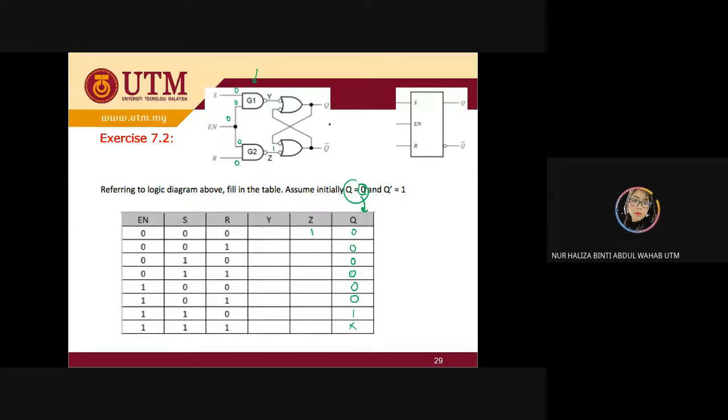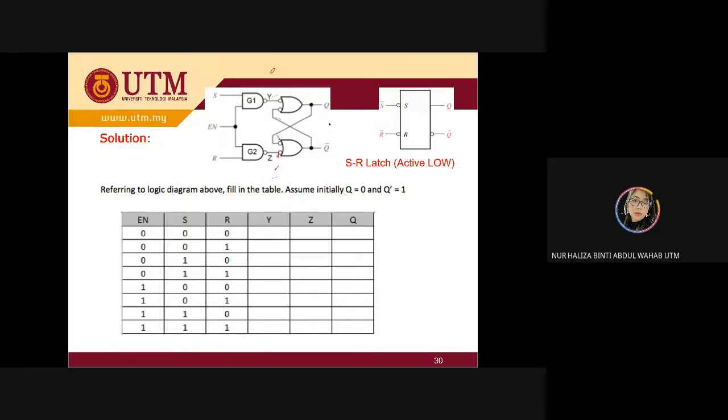For your Y, also 1. So you do the similar thing. What is happening? You have 0 for S, R for 1, going to get 0. 0 and 1, you get, okay, here, and then you change the value. And lastly, you're going to get this answer.